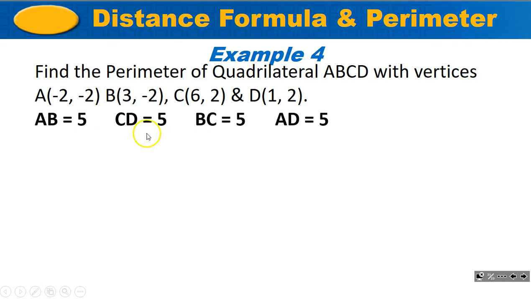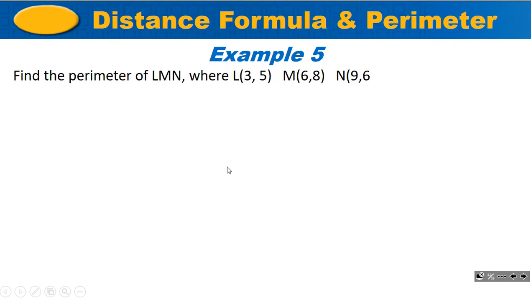So we had that AB was 5, and CD and BC and AD were all 5. So to find the perimeter, we just add those 4 things together, and our perimeter would have been 20.